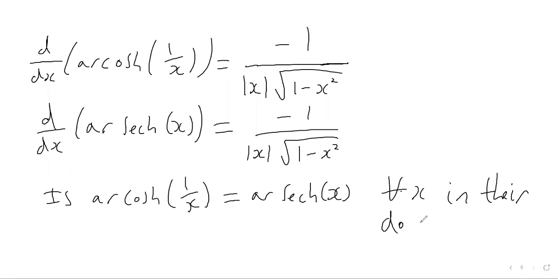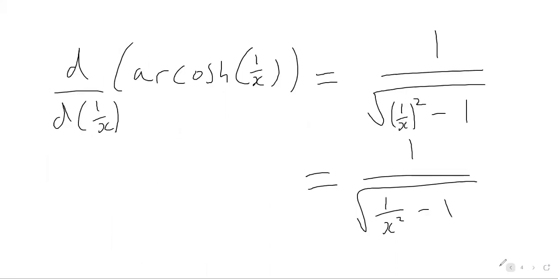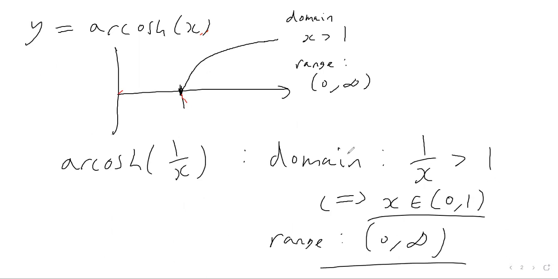I mean, if they're the same function, then they're going to have the same domain anyway. So I'll just write domains with a plural. Okay, so what we can do then, we can actually check and compare their domains. So if we think about this arcosh of 1 over x function, we know that the domain is x between 0 and 1.